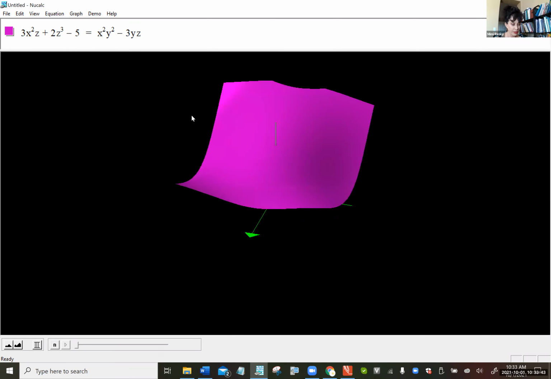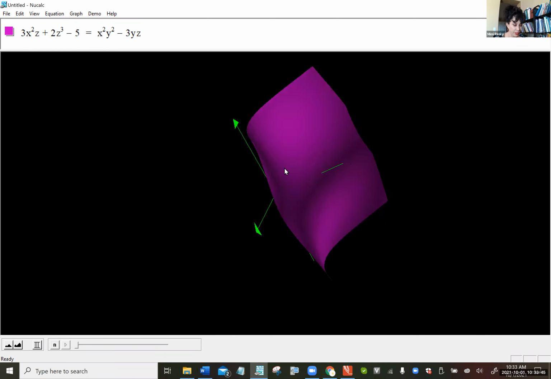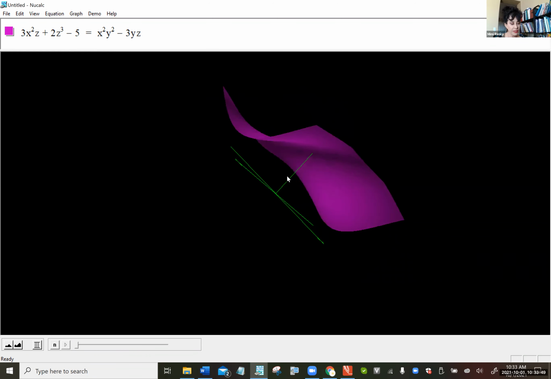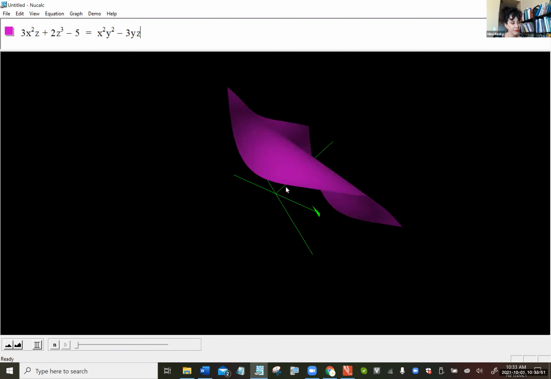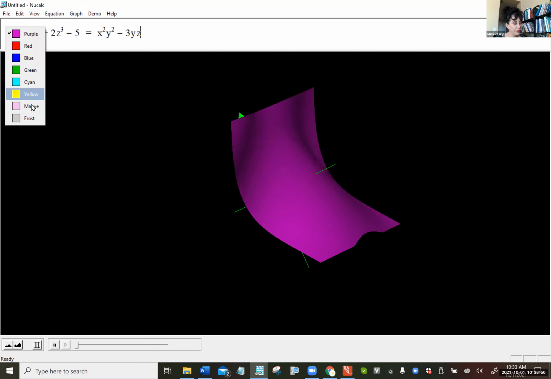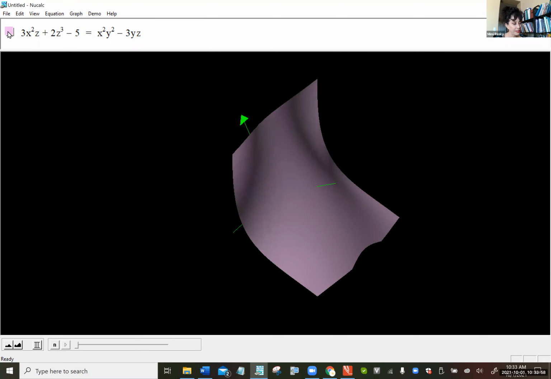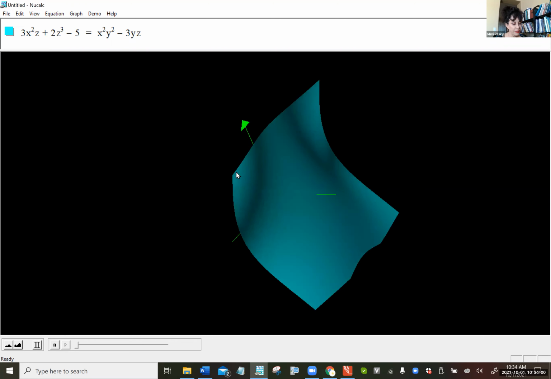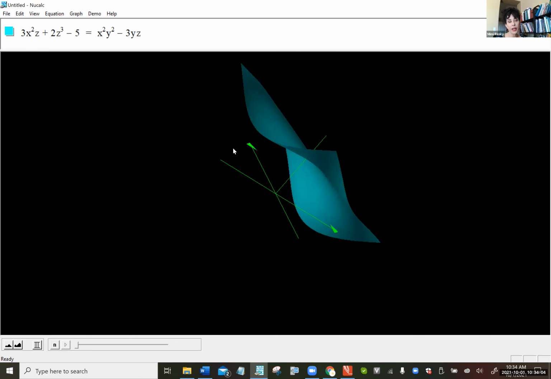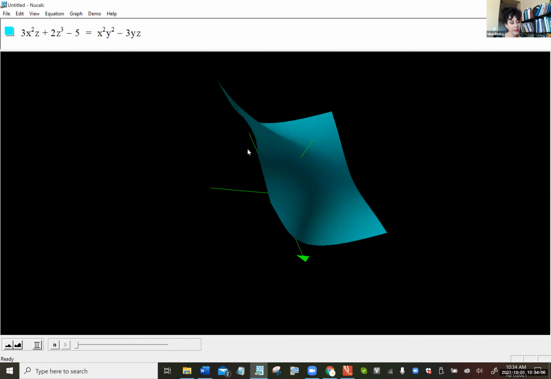I have no idea what it looks like. Oh, wow, that's kind of pretty. That's a nice looking surface, isn't it? I can make it different colors. No, that's not that good. You can't do candy stripes because my software, if you give it as an implicit function, doesn't give you as many color choices, which is kind of sad. Explicit functions get all the other choices for colors.